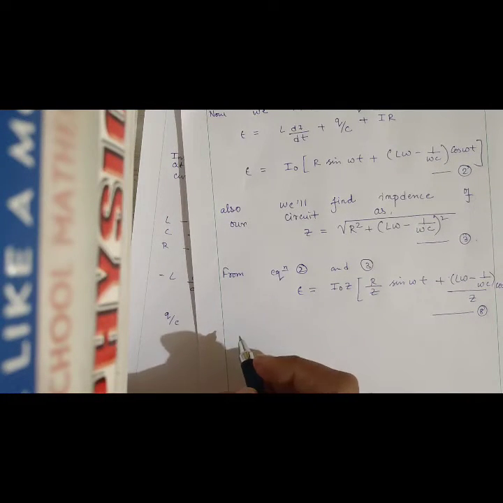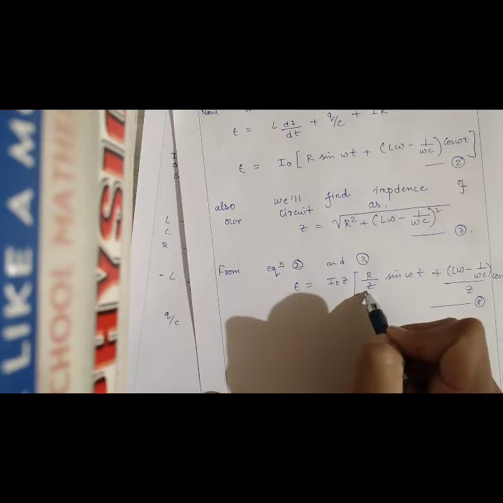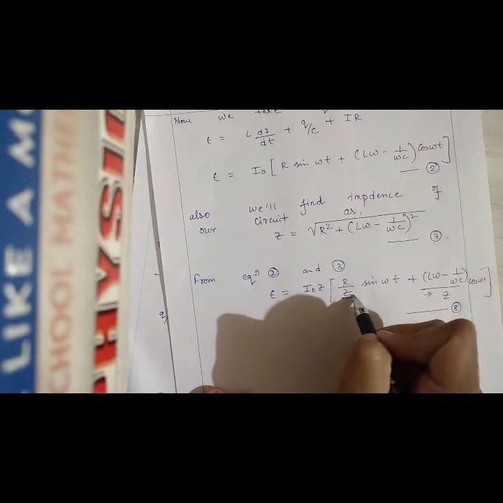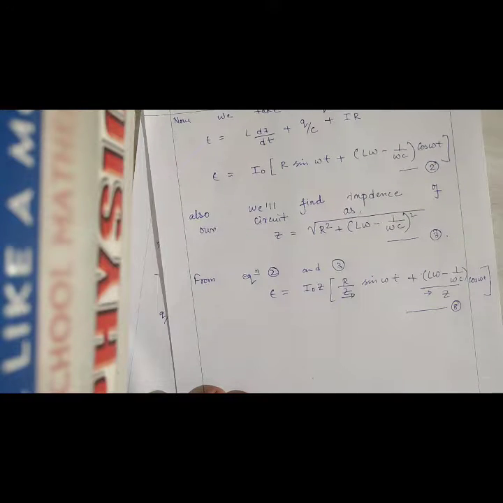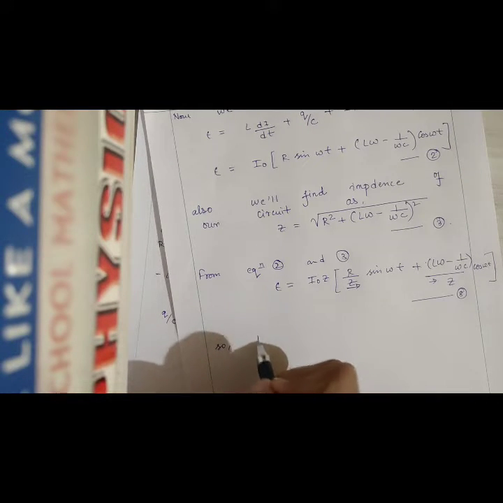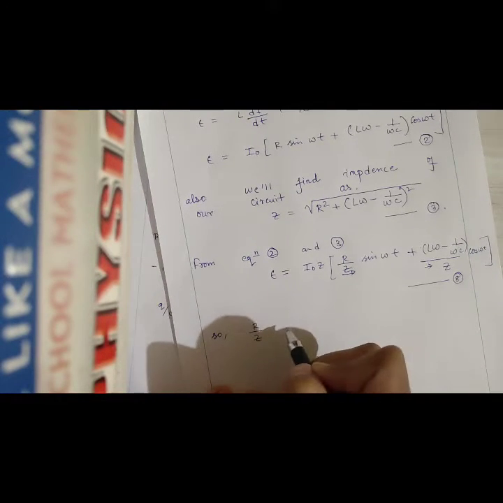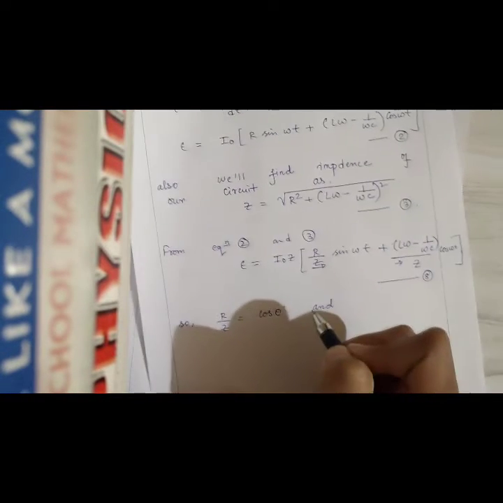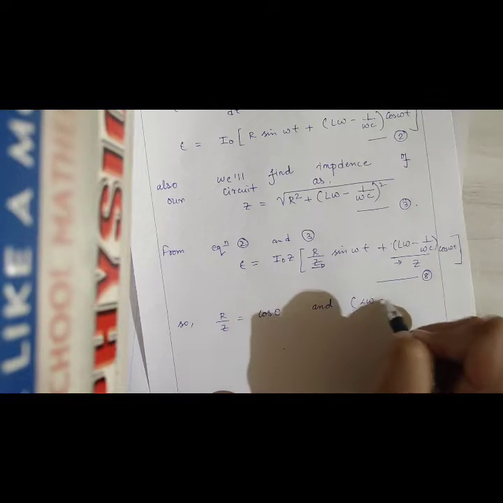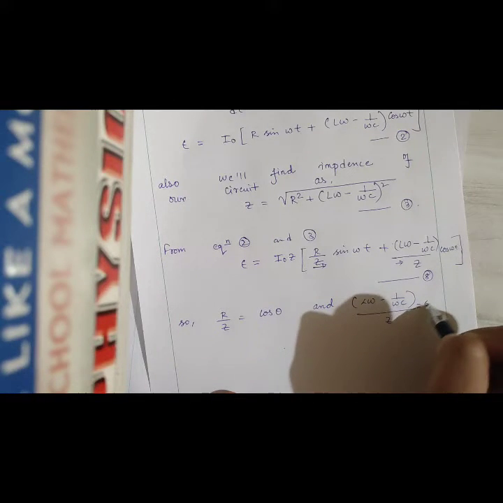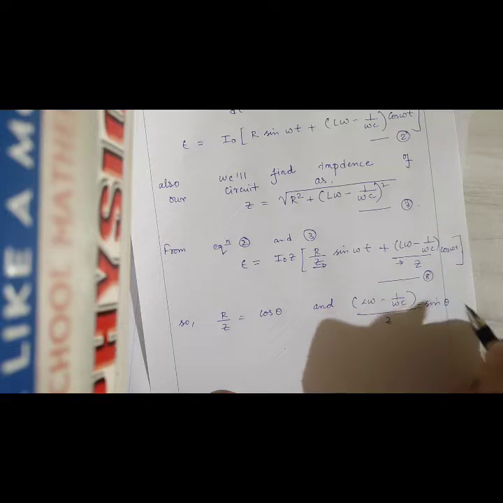And now we suppose this value R over Z and this value (L omega minus 1 by omega C) over Z as cos theta and sin theta respectively. So now we write R over Z equals cos theta and (L omega minus 1 by omega C) over Z equals sin theta.